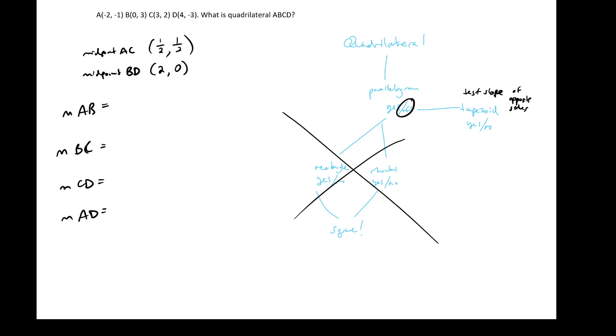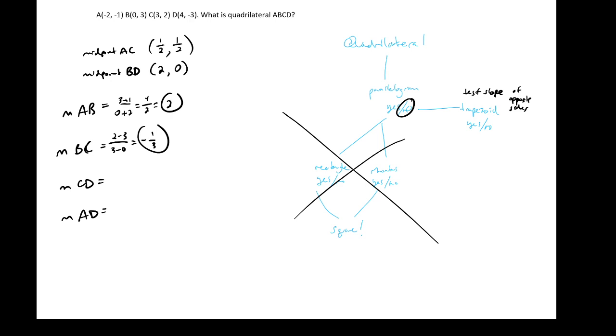AB, it's going to be 3 minus 1, right? Over 0 minus 2, which is going to be 4 over 2, which is just 2. The slope of BC is going to be 2 minus 3 over 3 minus 0, which is going to be -1/3.